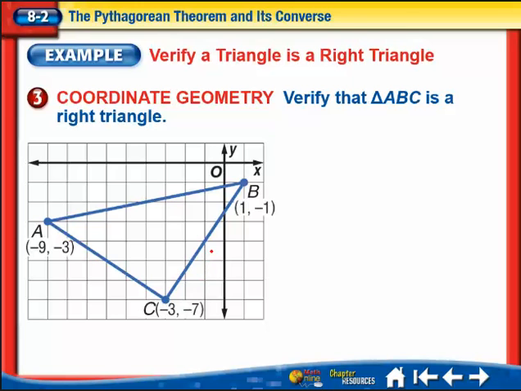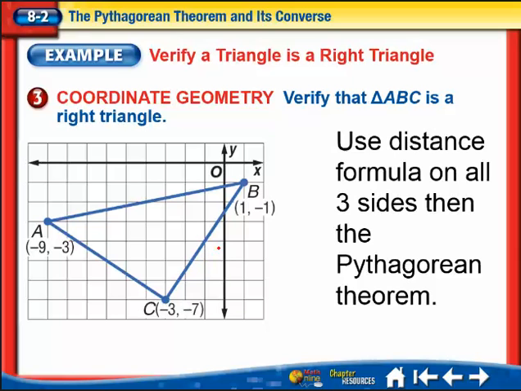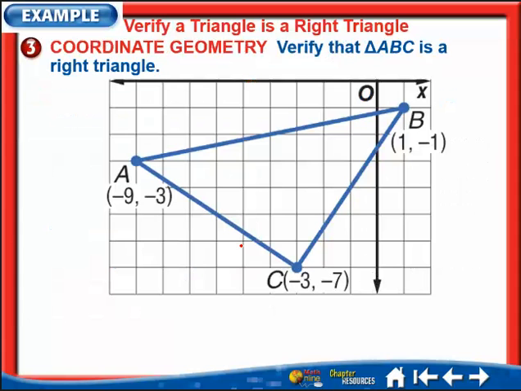You could also find the slope of these two legs and see if they're opposite reciprocals. That would tell you that these two lines are perpendicular. So that's another way to do it. But if we find the distance of all three parts, that's going to tell us if it's a right triangle or not.